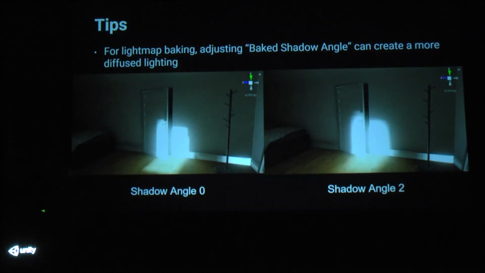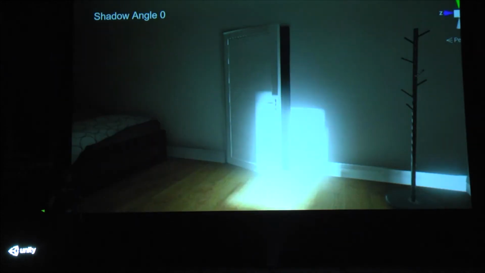So next, if you're baking light, you can adjust the light's shadow angle to create a more diffuse light. The default value is 0, and that's what you get. If you increase that to 2, you get that. If you compare the floor here, the edges of that light are softer. This is a larger image to compare 0 and 2.